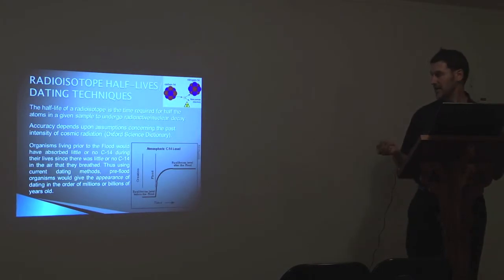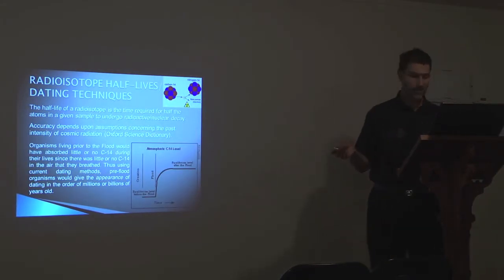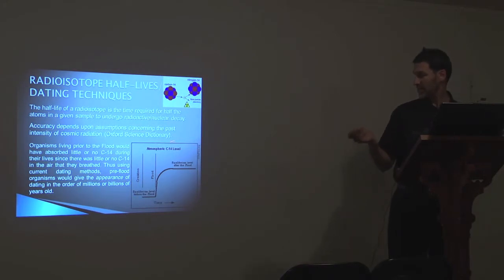So, looking at BiblePlus.org's graph, they propose an equilibrium level before the flood as being much lower of atmospheric carbon-14 than what is the case currently today.